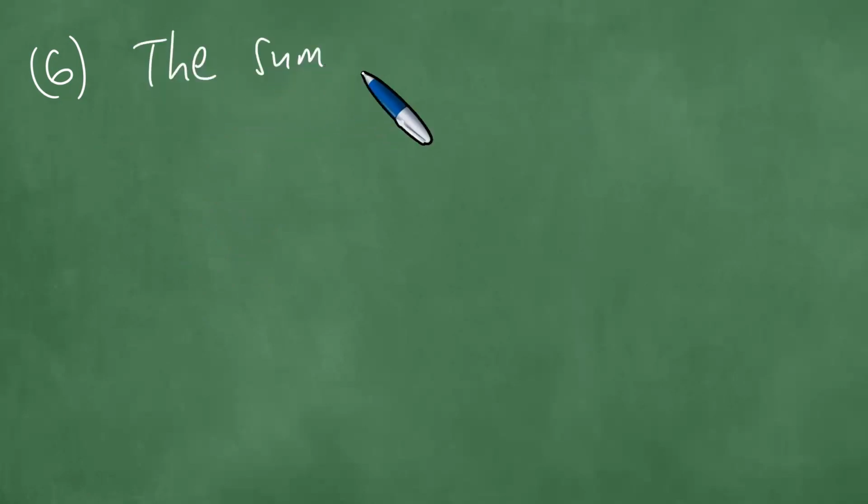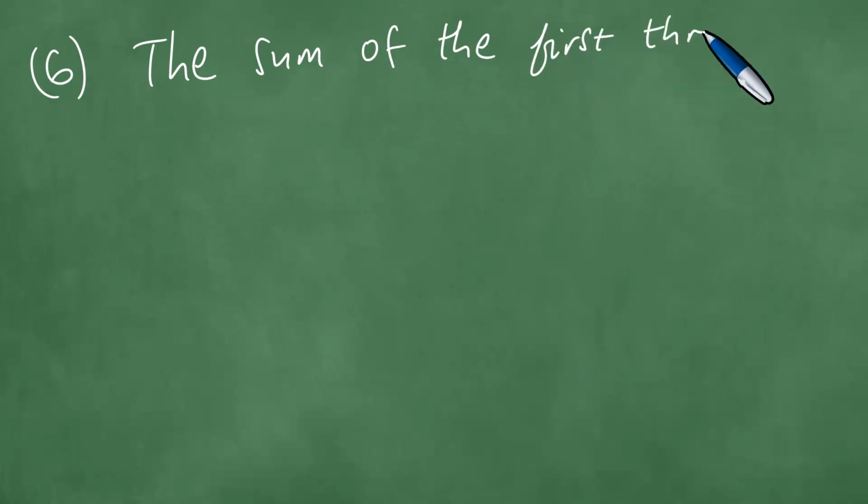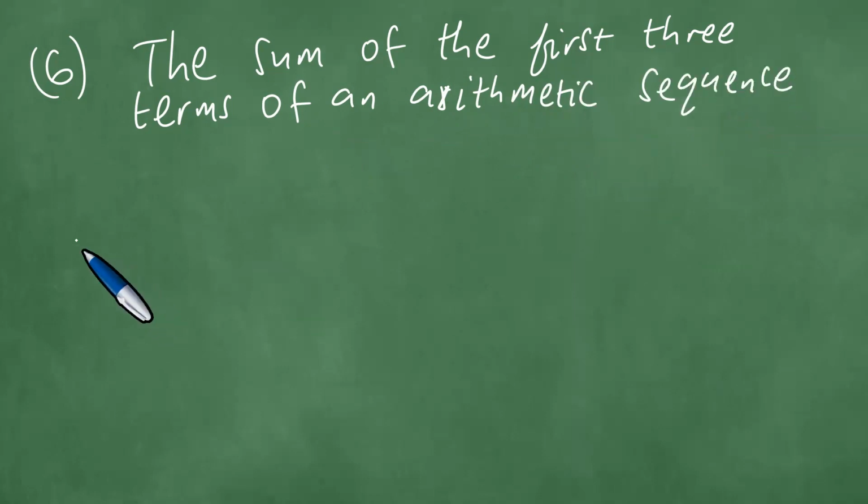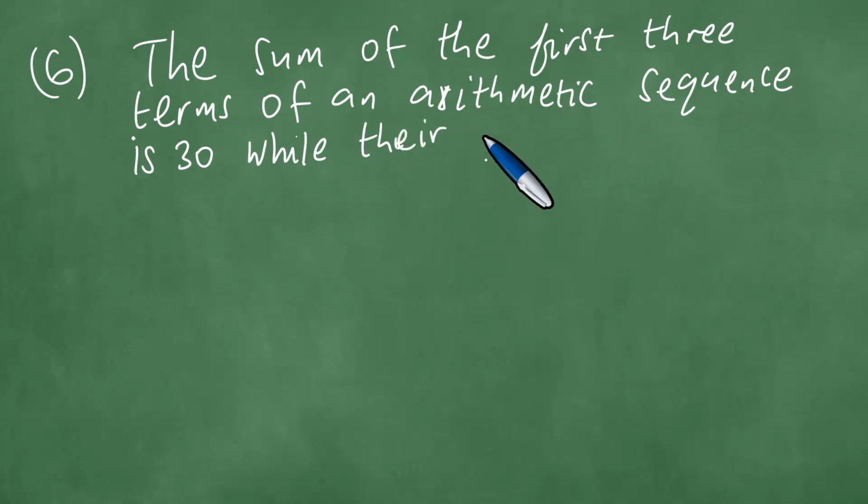Next question, 6. The sum of the first 3 terms of an arithmetic sequence is 30, while their product is 840.